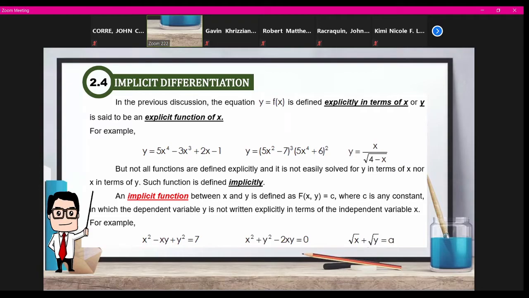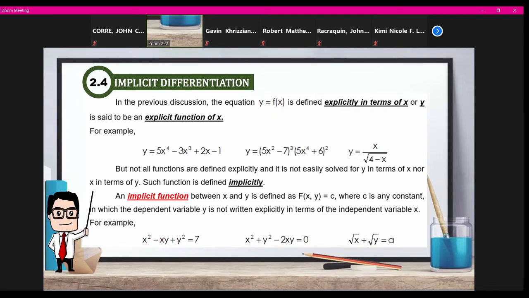But not all functions are defined explicitly, and it is not easily solved for y in terms of x nor x in terms of y. Such function is defined implicitly. Kapag ang function natin ay may kasama ng x at saka y, so implicit differentiation na yan.